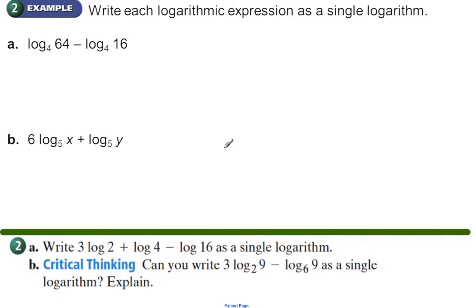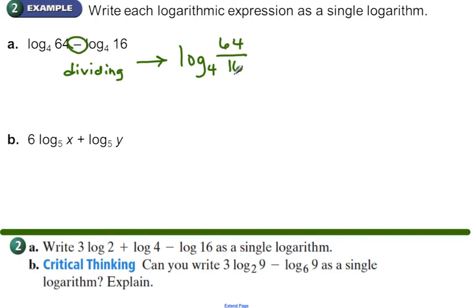We have log base 4 of 64 minus log base 4 of 16. So this minus sign tells us that we are going to be dividing, right? So then we have log base 4 of 64 divided by 16.